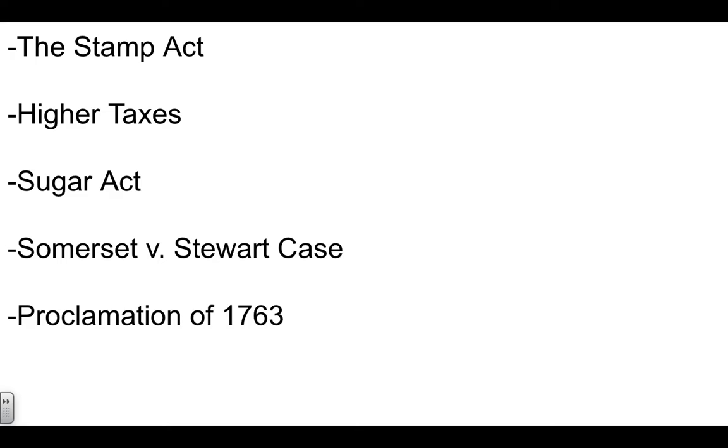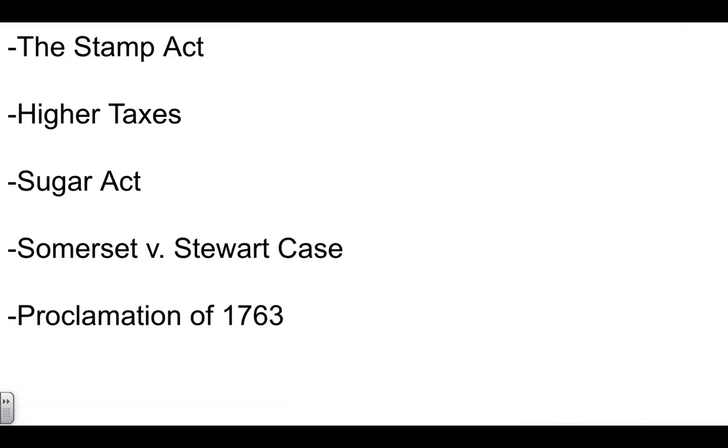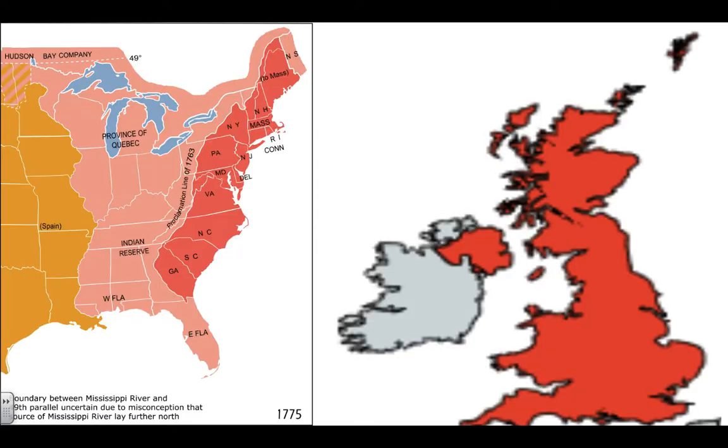So of course, the Proclamation line of 1763. Now let me teach you about the last one, the Proclamation of 1763. What happened was that the British vowed to not expand on any Native American land beyond the 13 colonies. That is basically the pink, right?